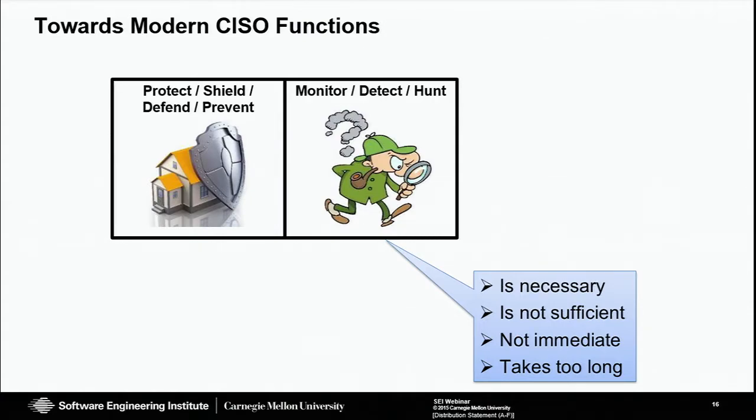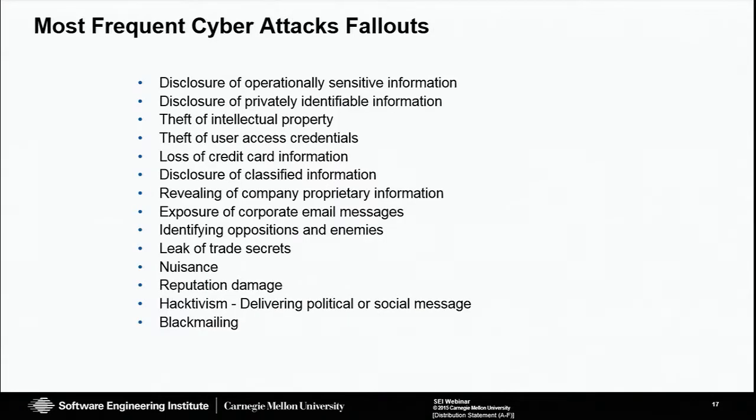We don't think that's sufficient either, because adversaries are very clever, they're very good about hiding themselves, and sometimes it takes some time to identify them while they're doing their mishaps. Now, we frequently hear about consequences of cyber attacks.